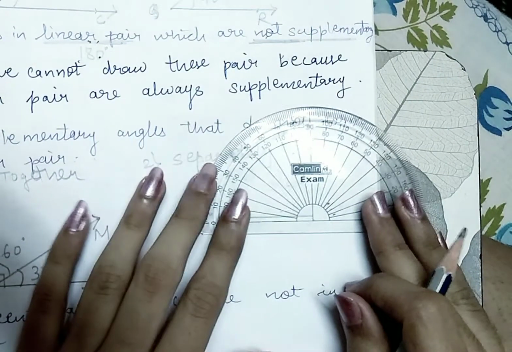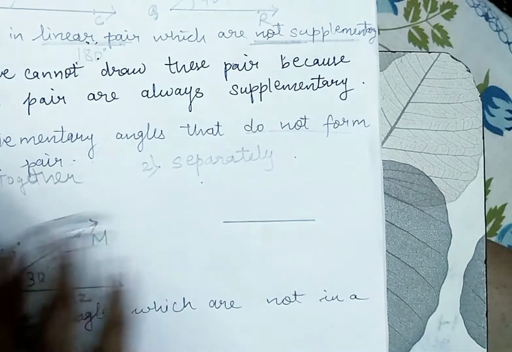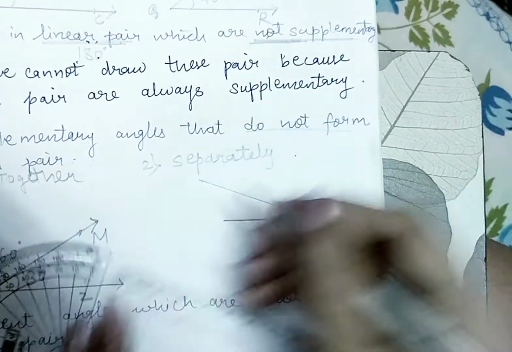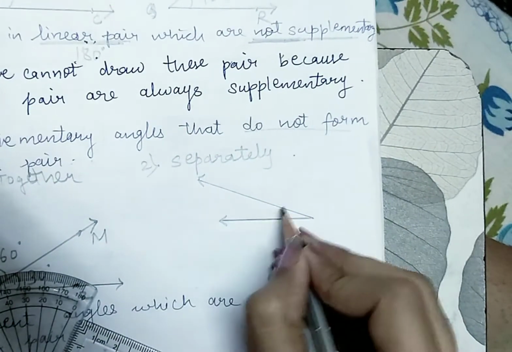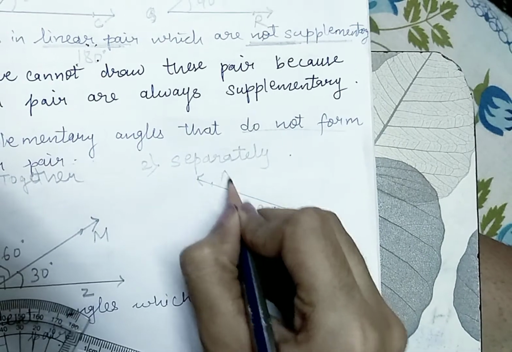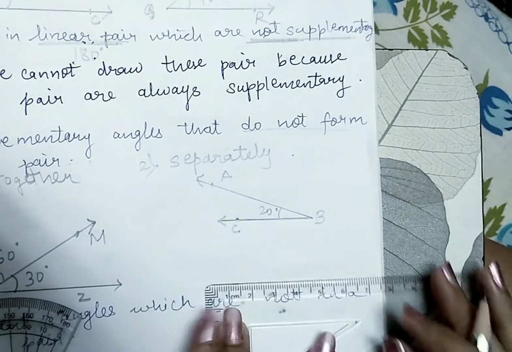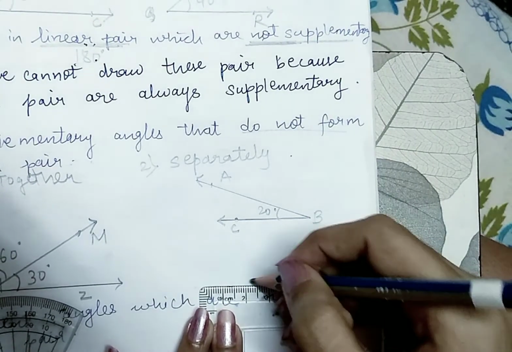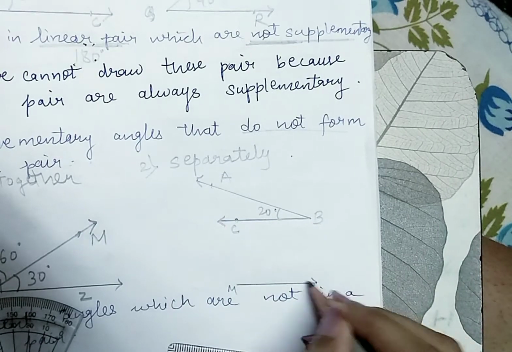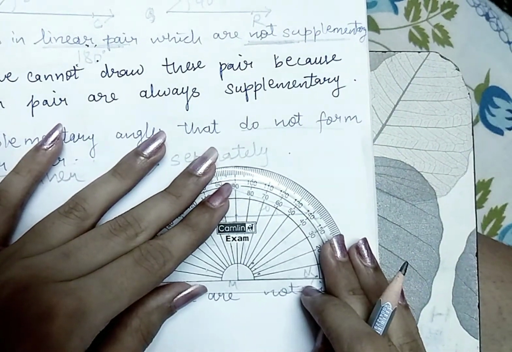I am taking here 20 degrees. Now along with 20 degrees we have to draw 70 degrees. So next will be 70 degrees. You can draw a bigger one.